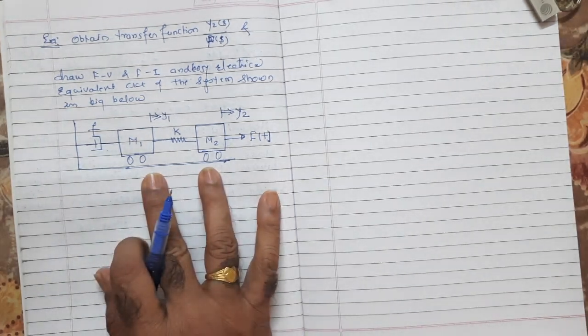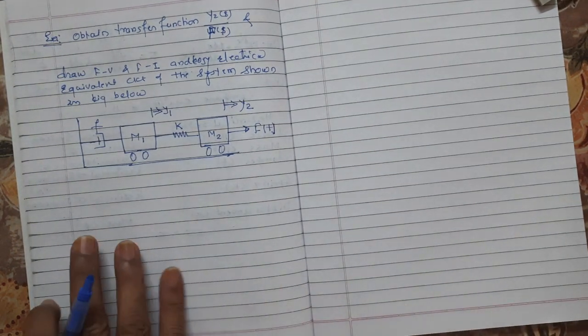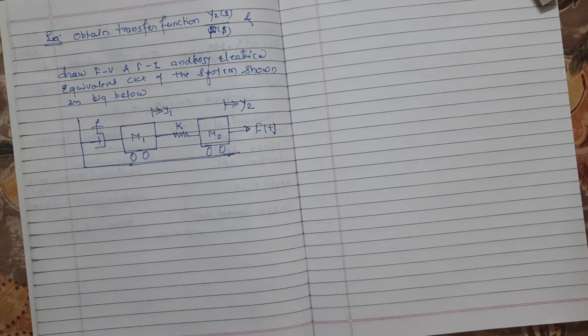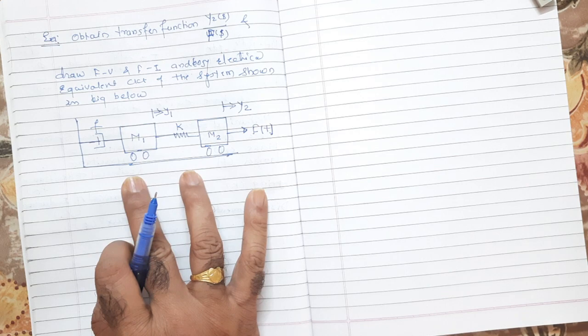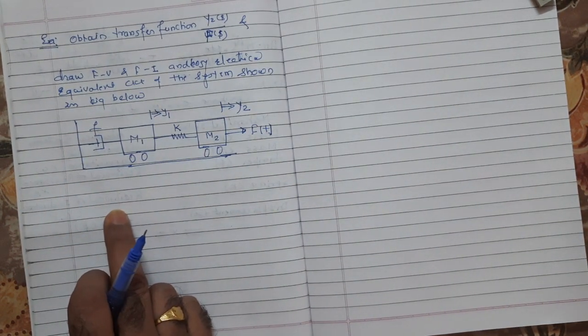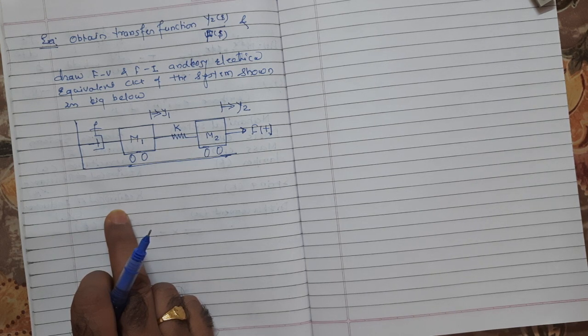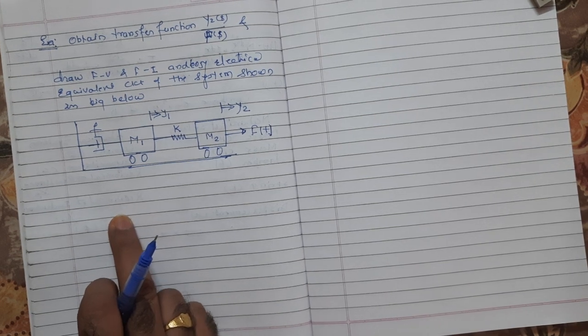That's why we have to draw two free body diagrams, one at M1 and one at M2, so that all the components will be connected to that particular free body diagram, and their associated forces will come into the picture.